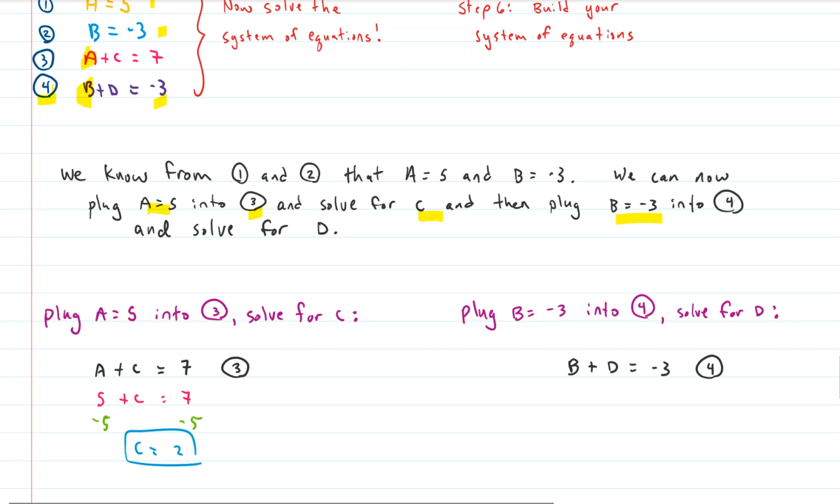So let's plug b equals -3 into equation 4 and solve for d. So we have -3 plus d equals -3. Add 3 to both sides, and we get d equals 0.